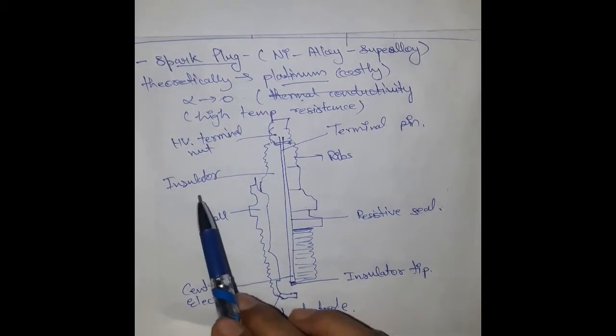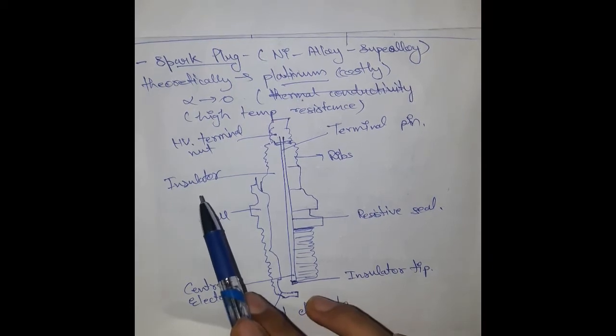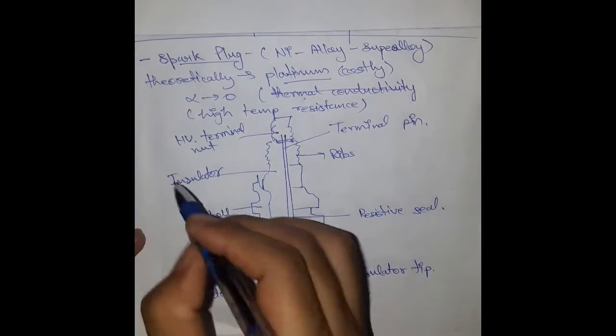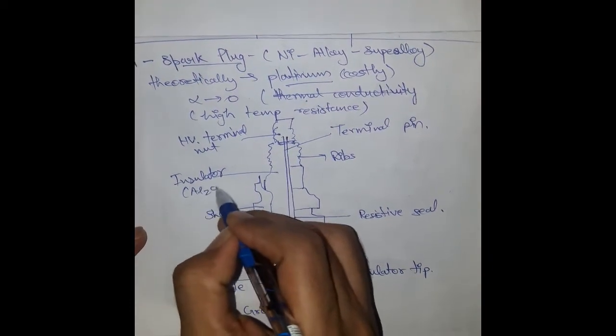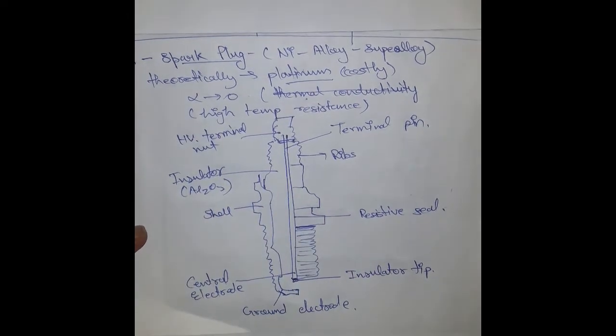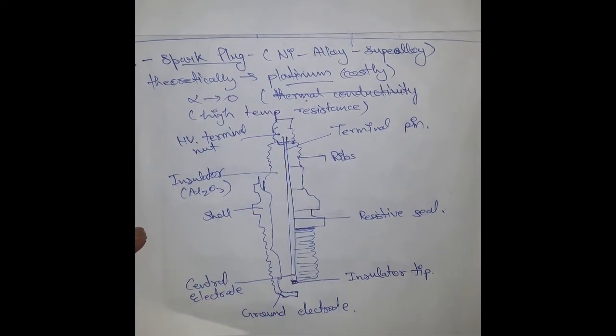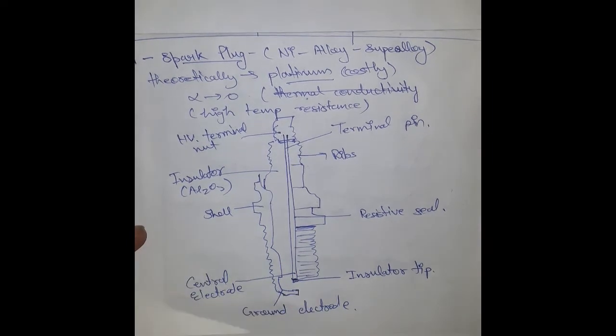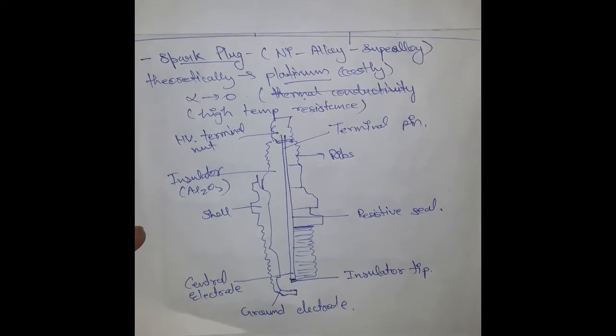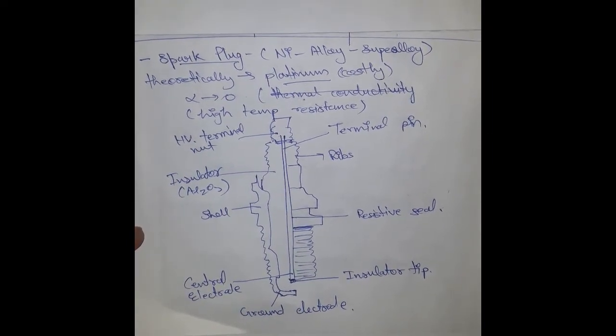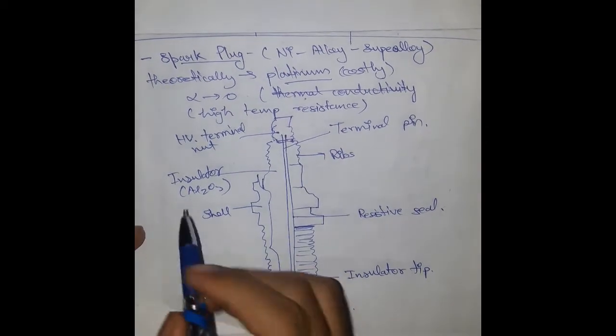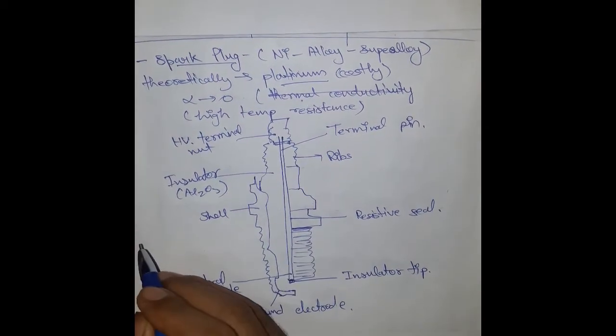And if we talk about the insulator, it generally has high content of aluminum oxide, that is Al2O3, that ensures a high insulation resistance as well as good thermal conductivity, so that the spark plug may not get heated soon, and it also imparts mechanical strength to it.